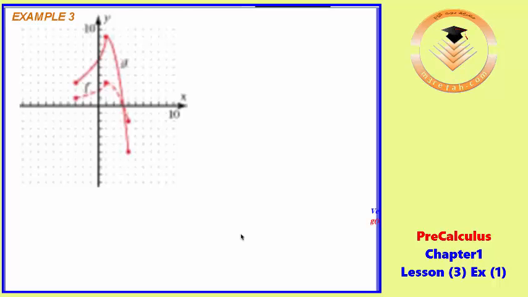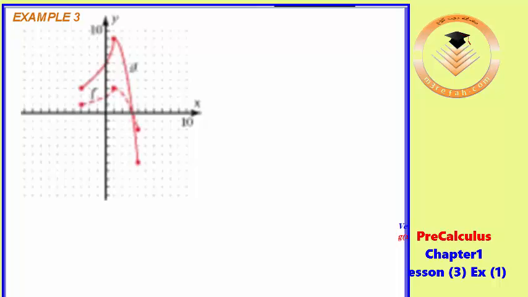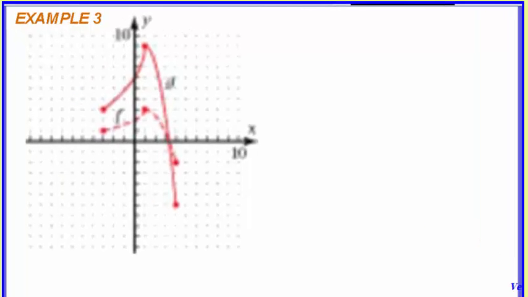Now, as you see in the graph, we have two seemingly common graphs here. You can see the original function f, represented by these dotted lines with some specific points given.